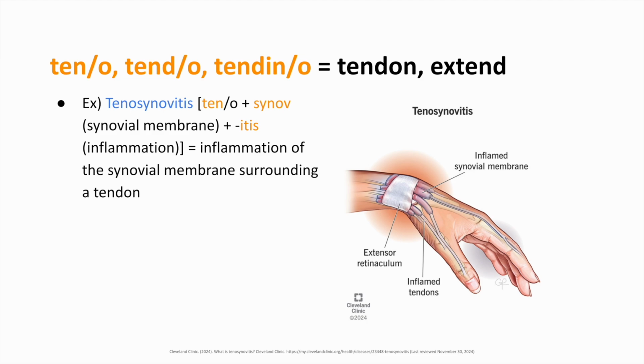So tenosynovitis means inflammation of the synovial membrane surrounding a tendon. As I said, you would see inflammation on that synovial membrane around the tendon, and the tendon itself will be inflamed as well in tenosynovitis. It might not be true, but I think it usually happens on the joints you use a lot, like your knee, your feet or ankle, or your wrist.